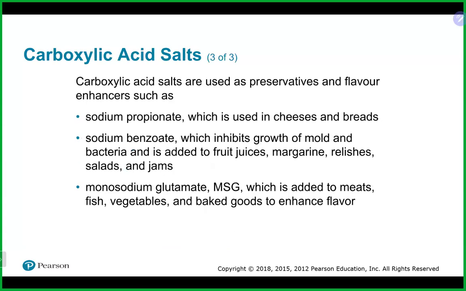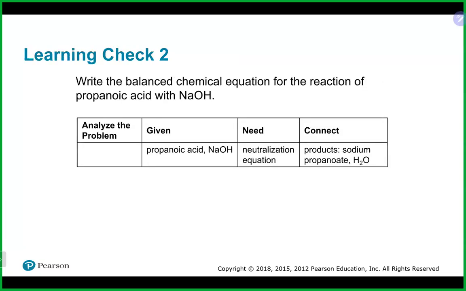A lot of carboxylic acid salts are used as preservatives and flavor enhancers, like all those weird things you see on labels, like sodium propanoate, sodium benzoate, MSG, monosodium glutamate. Again, these are all salts that have certain properties that can be helpful and not so helpful.